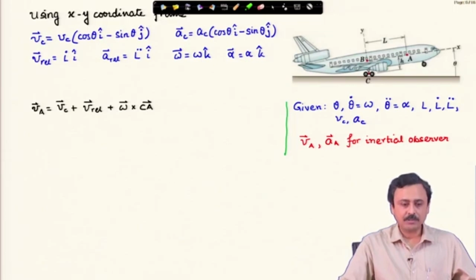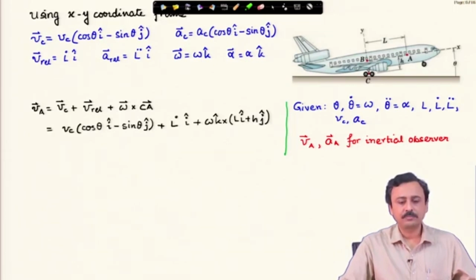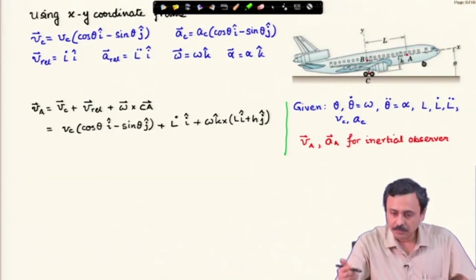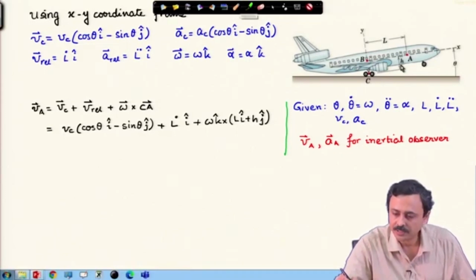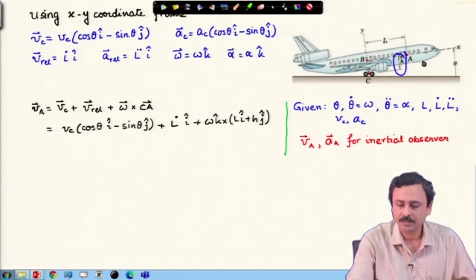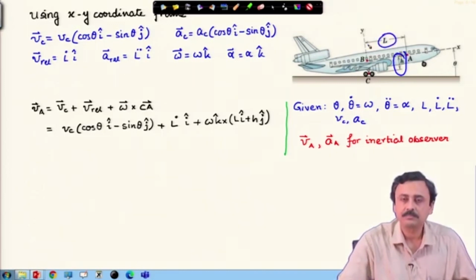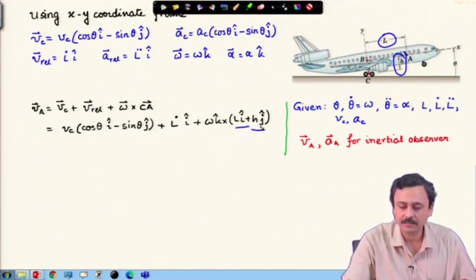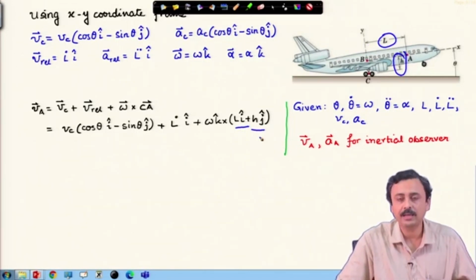Now, I will plug in the values. Vc is known, VREL is L dot I cap, and omega cross Ca, omega is omega k cap, and Ca vector means from the center of that wheel assembly to A. You can see here that this height is specified h, and this distance is L, therefore, L I cap plus h j cap.